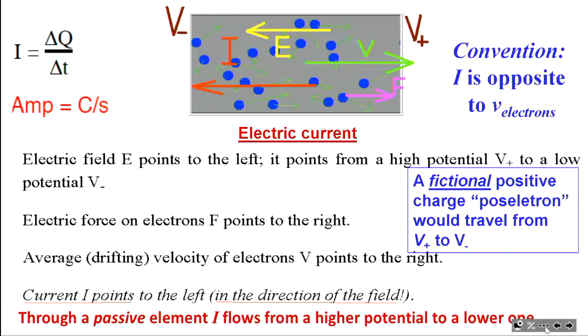Now, from practical reasons, it is easier to imagine that we have fictional, meaning not existing, positive particles inside a conductor. We can always ask, how would that imaginary particle move? And that would be the direction of electric current. So, positive electrons, yeah, or positrons.